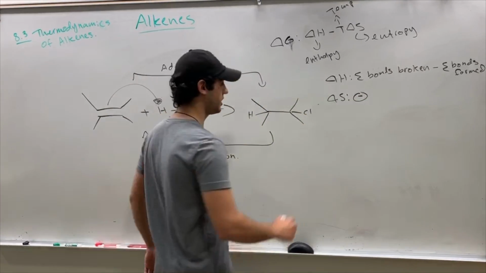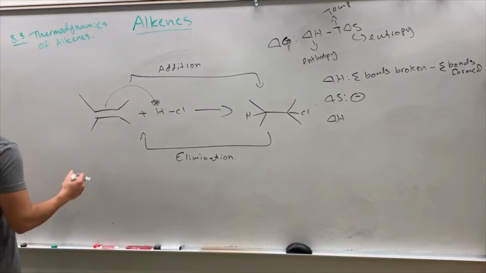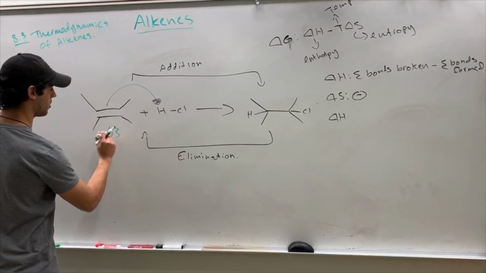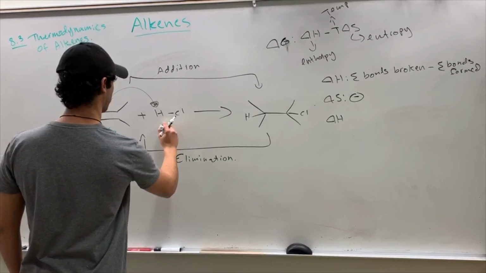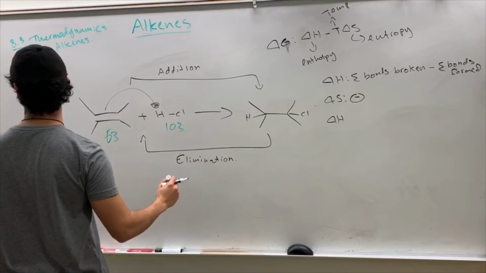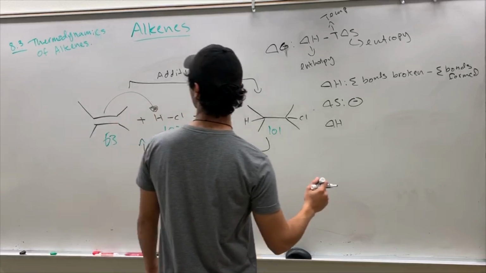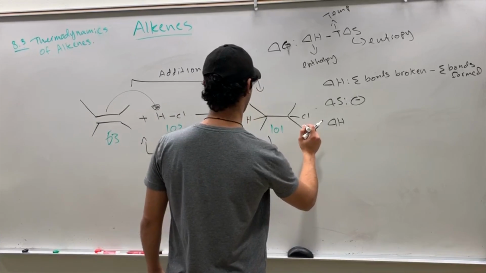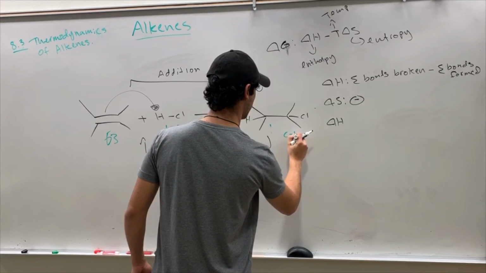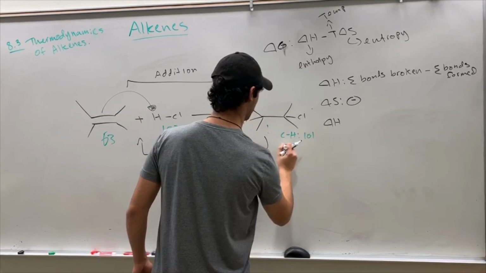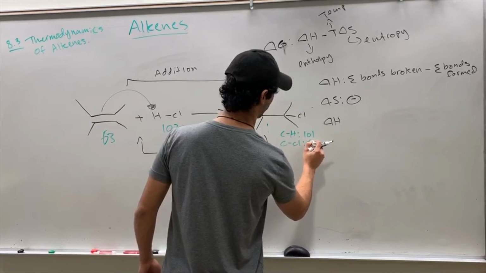But let's count the delta H. I have 63 for the alkene pi bond. I have 103 for my hydrochloric acid. I have 101 for my addition product, and actually, sorry, the CH bond is 101, the CCl bond is 84.